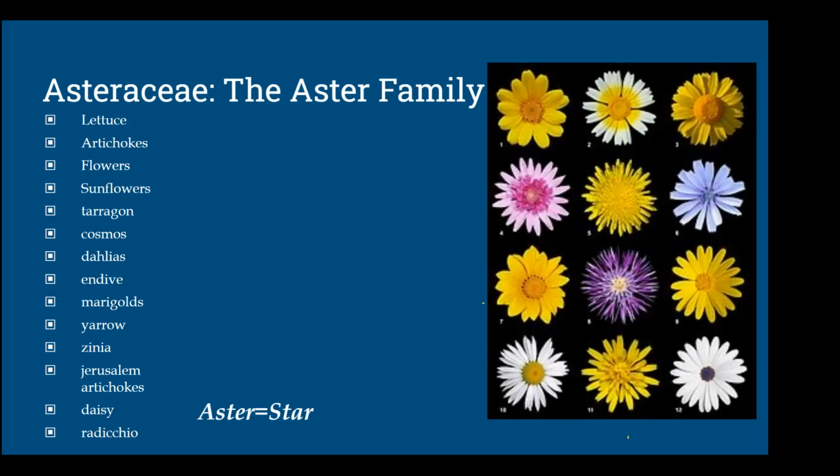And so the aster family makes up the lettuce, artichokes, different flowers, sunflowers, tarragon, cosmos, dahlias. So these are all different flowers. Jerusalem artichokes, daisies, radicchio, which is a kind of lettuce, a really yummy kind of bitter lettuce.